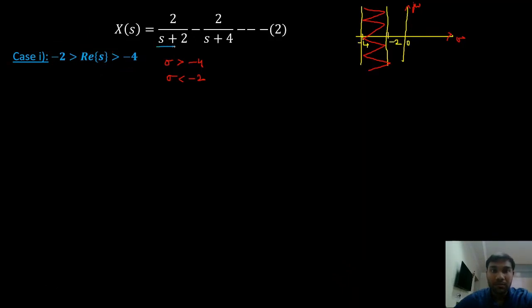Now, this first term here in my X(s), what is the first term? It is corresponding to a pole of s equals minus 2. That means it is corresponding to this ROC, right? The first term is corresponding to this ROC, and the second term, that is 2 divided by s plus 4, is corresponding to the pole of minus 4, that is corresponding to this ROC, right?